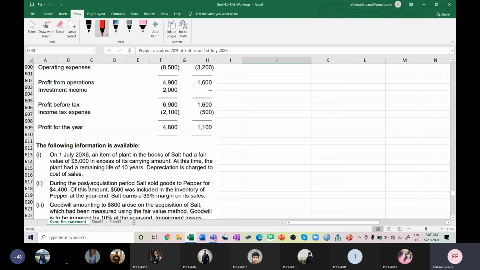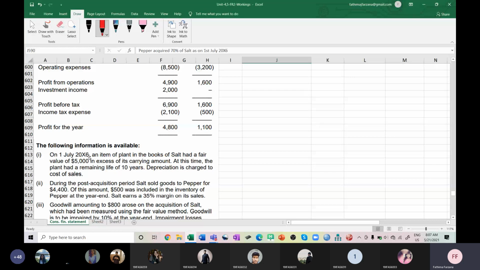Depreciation is charged to cost of sales. That is, on 1st July, after acquisition, when they revalue a particular item, they find that the plant is 5,000 greater than the carrying amount. So 5,000, I can otherwise call it appreciation. We have to find the depreciation for the year.